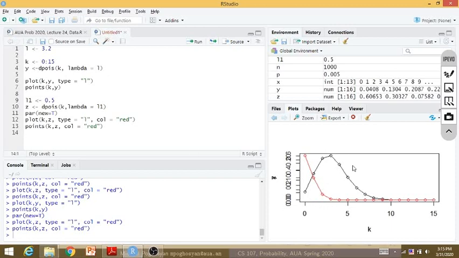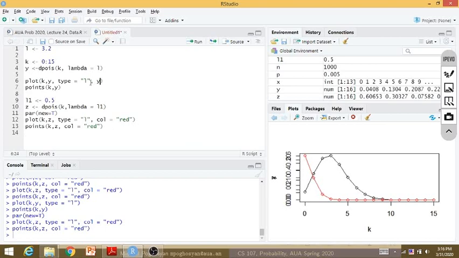But here I have a wrong picture because the scales here are not the same. Red is running from 0 to 0.6 and black is from 0 to 0.2.